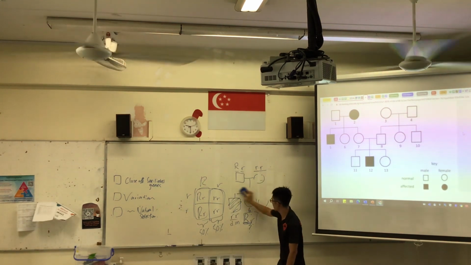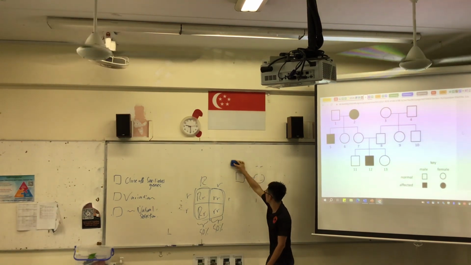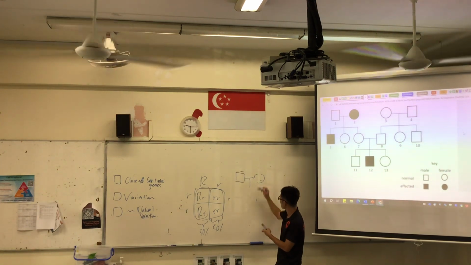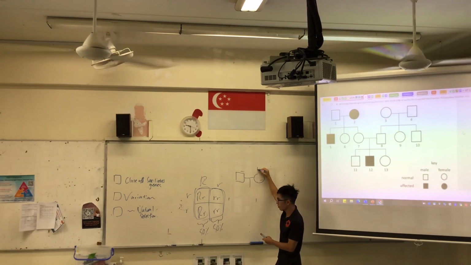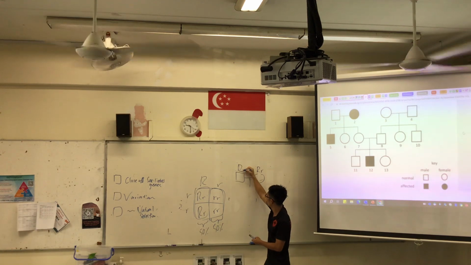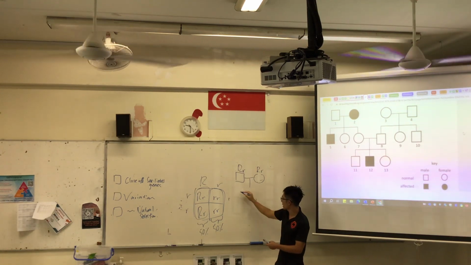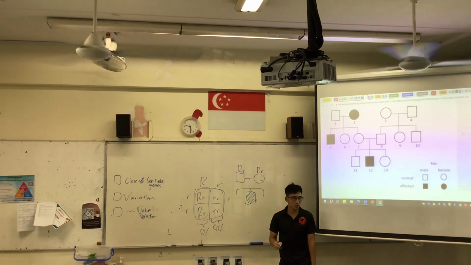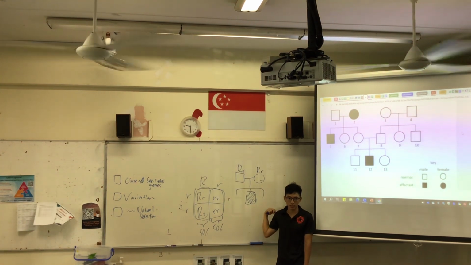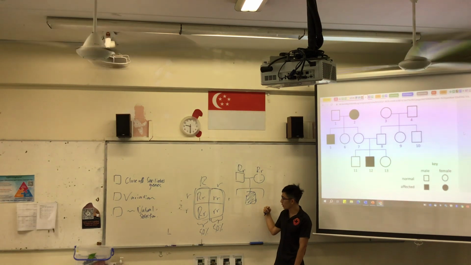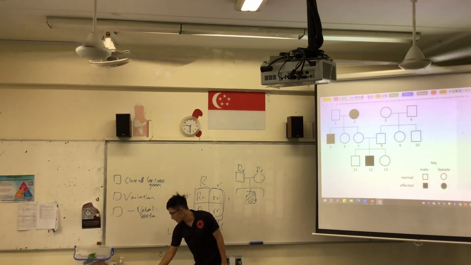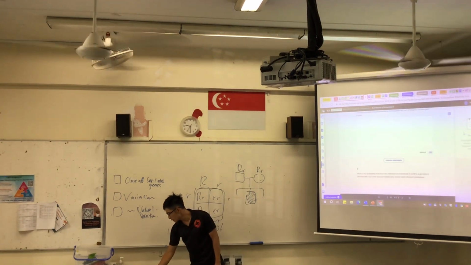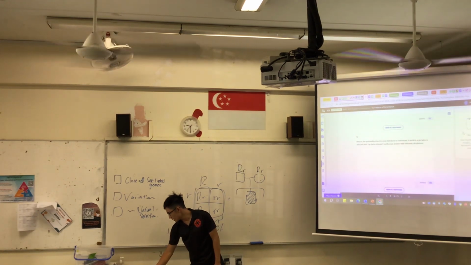The genotype of 7 and 8 would be heterozygous, because we already agreed from long ago, because we noticed that the offspring, one of them has a disease. So that means to say parents definitely heterozygous. So they're asking you what's the probability that the next child will be a girl and is affected.